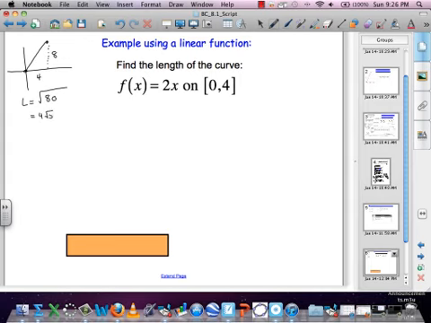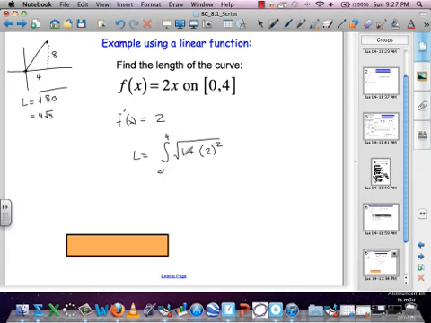Okay? But let's go ahead and set it up. So we'll need the derivative of f, which is 2. And the length is the integral from 0 to 4 of the square root of 1 plus the derivative, which is 2, it's always 2, squared.